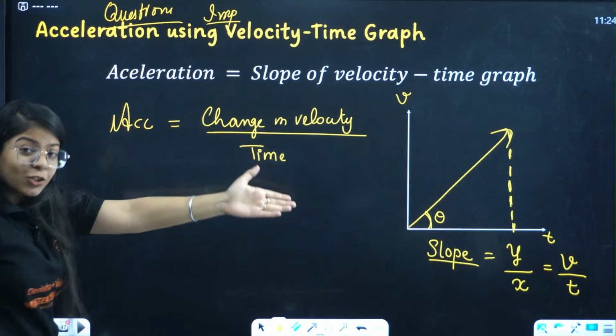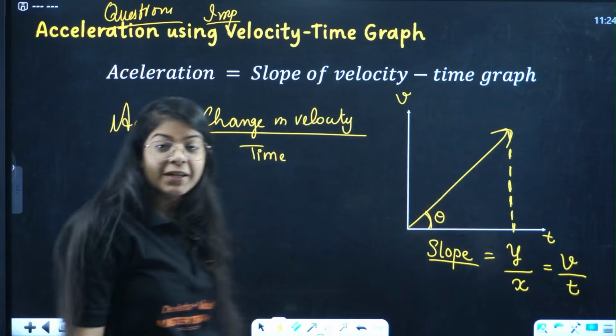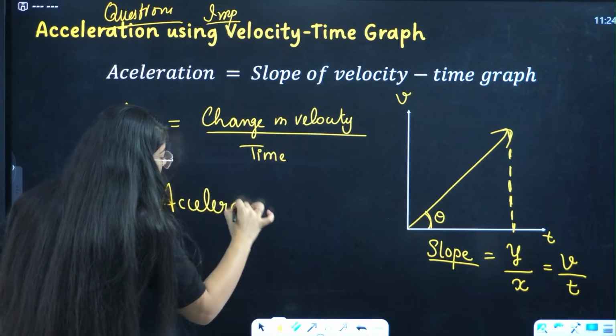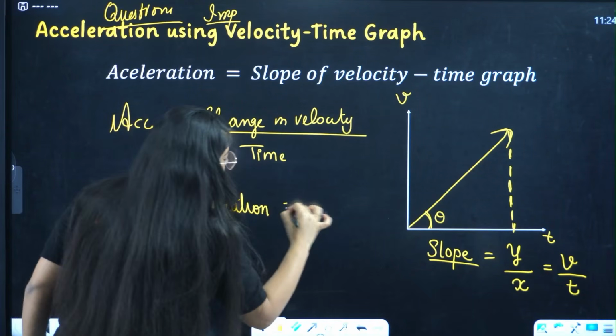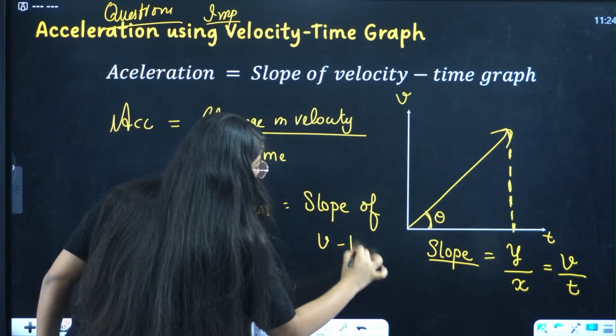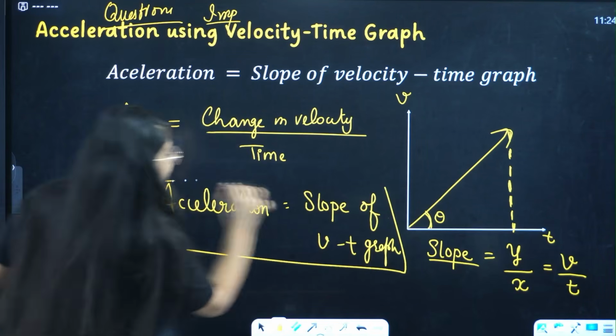The slope is also v by t. Acceleration is also change in velocity, you can write v divided by t. So acceleration is equal to slope of the vt graph. Understood? With proper evidence I gave you.